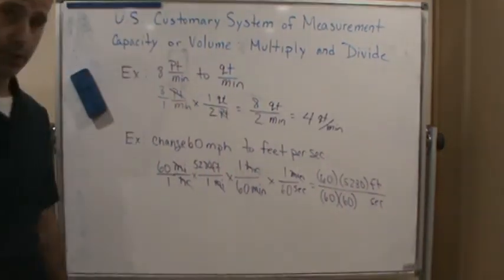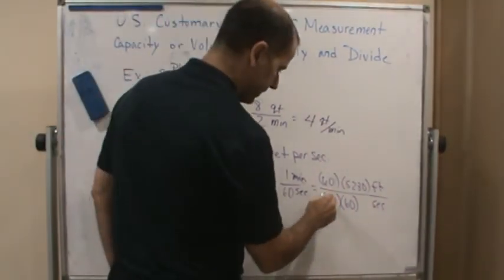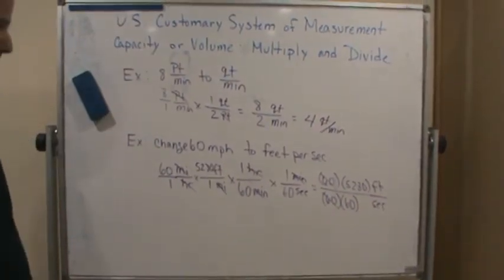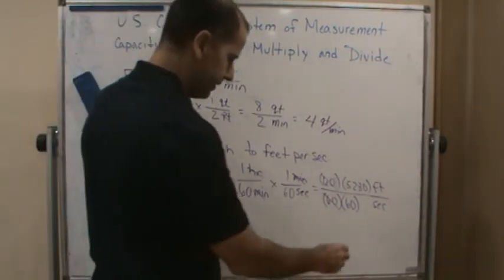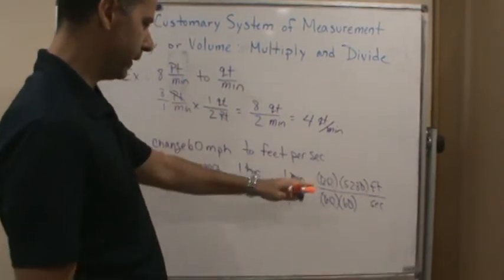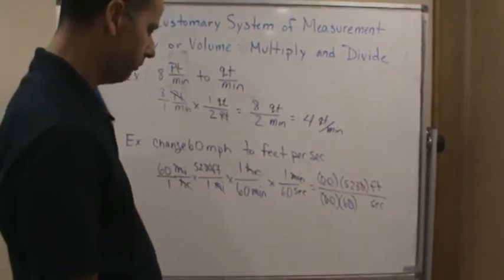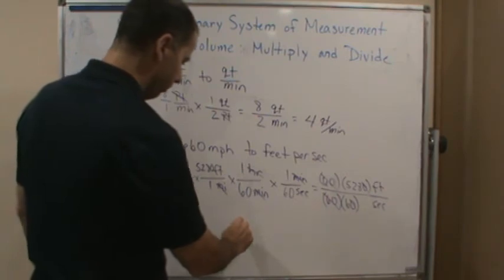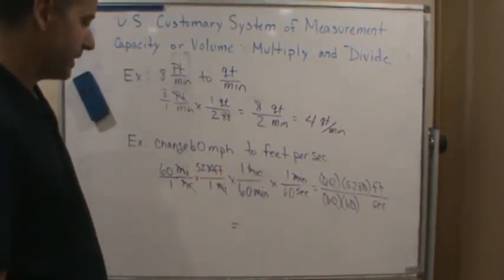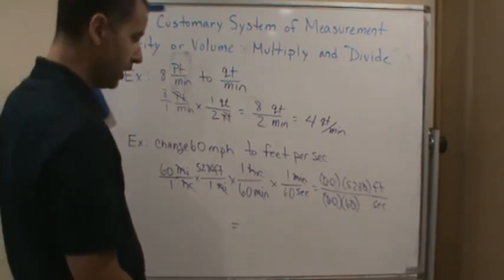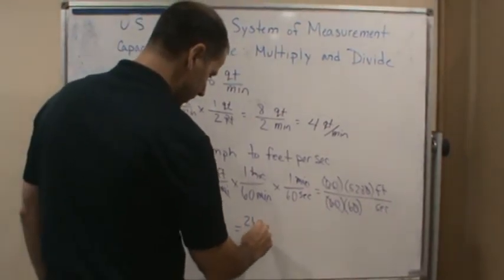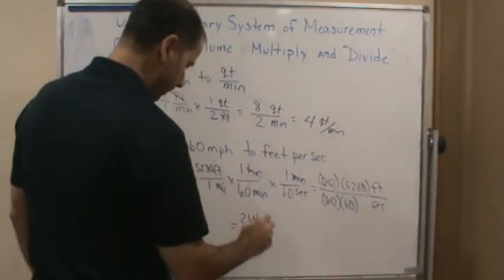And so now all I have to do is reduce this. Well, this 60 divides into that 60, so those divide to 1. Okay? And then this 0 cancels with that 0. So I get 528 over 6. And of course I can divide the top and the bottom by 2, which gives me 264 over 3.